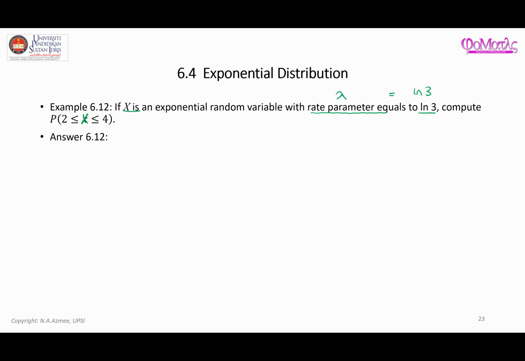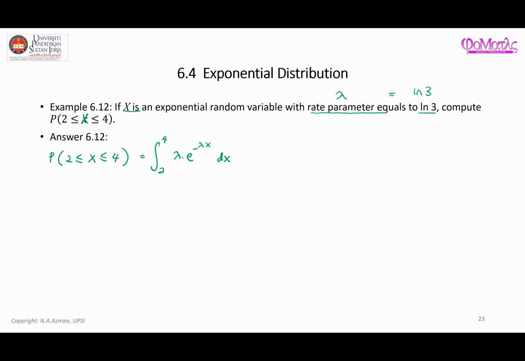So here we have this question to be answered. This is quite a direct application. We know that in order to find the probability, you need to integrate the probability density function, and the probability density function is lambda e to the negative lambda x dx, and the limit will be from 2 until 4.